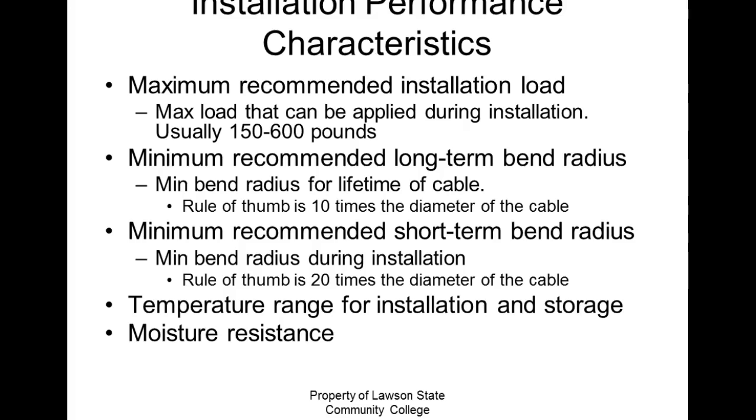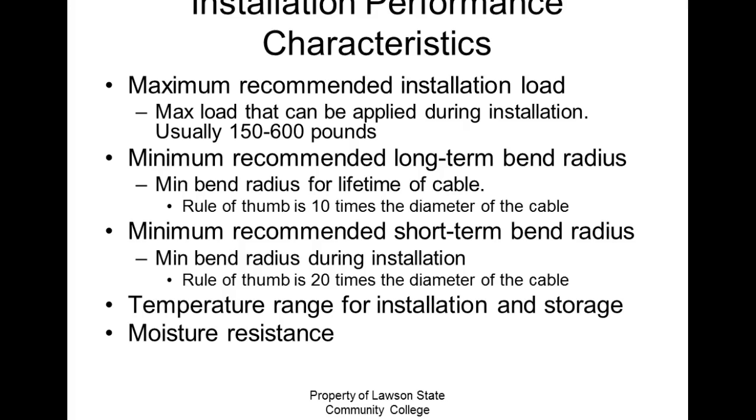So this is the maximum recommended installation load. Maximum load that can be applied during installation is usually between 150 pounds to 600 pounds. Minimum recommended long-term bend radius, as a rule of thumb for fiber, is 10 times the diameter of the cable. Y'all understand that?